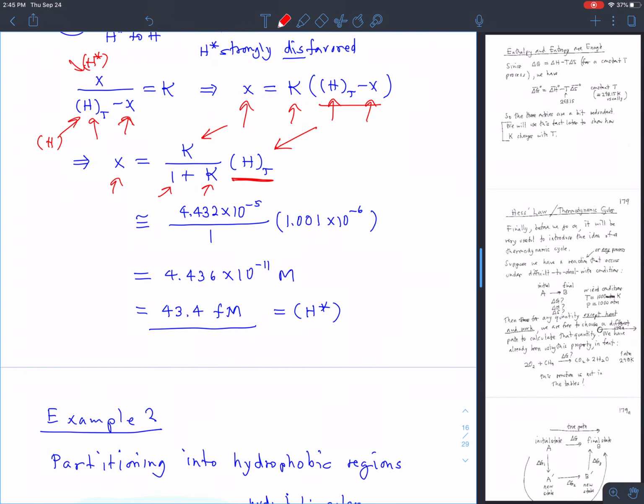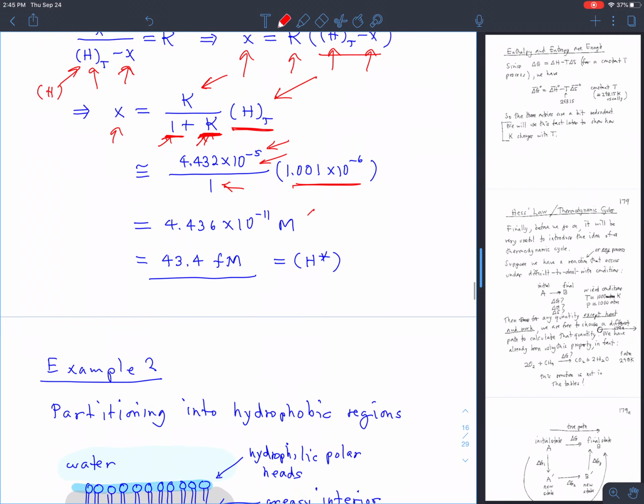The equilibrium constant is 4.432 times 10 to the minus fifth. That goes up on top. It also goes here, but that 10 to the minus 5 quantity compared to 1 here is not going to make any difference, so I neglected it down here. And that just gives 4.4 times 10 to the minus 5 times 1.001 times 10 to the minus 6, which gives a final value for X, which is the same thing as our closed hexokinase, of 4.436 times 10 to the minus 11 molar.